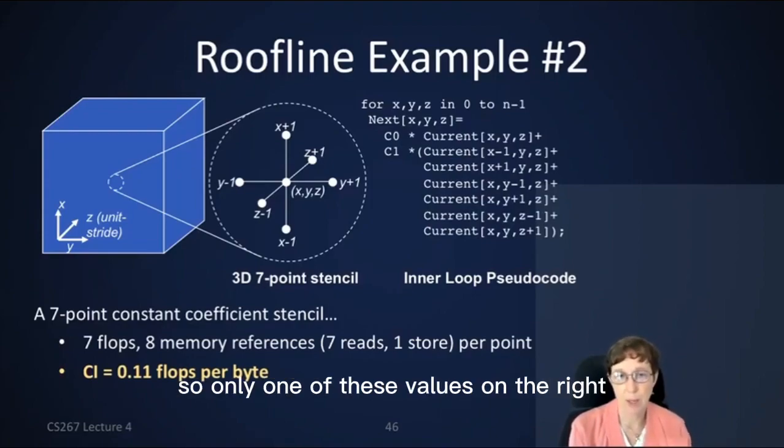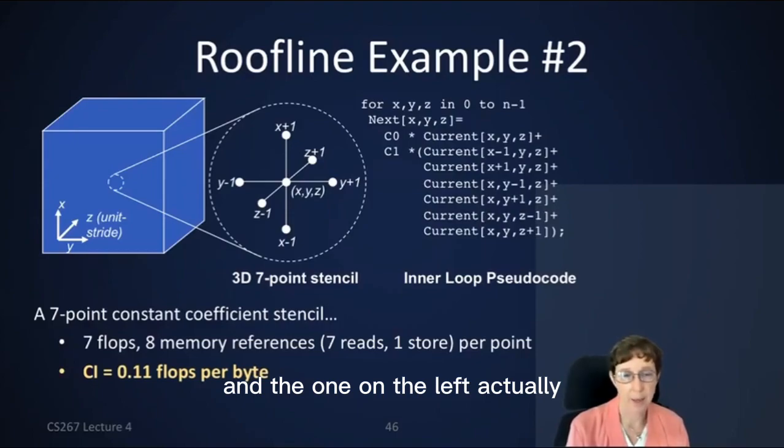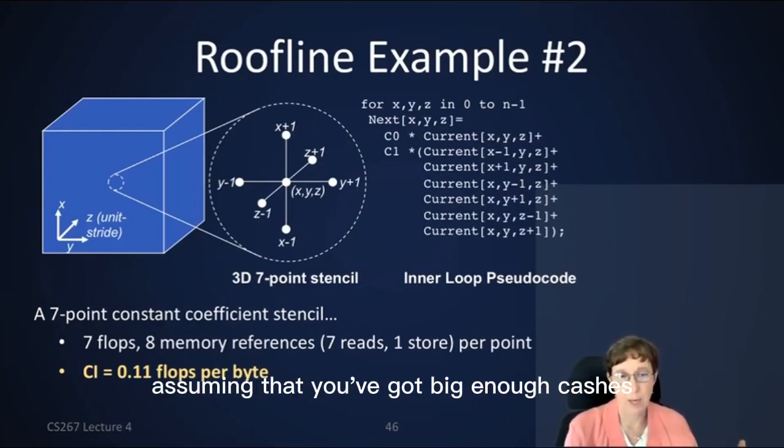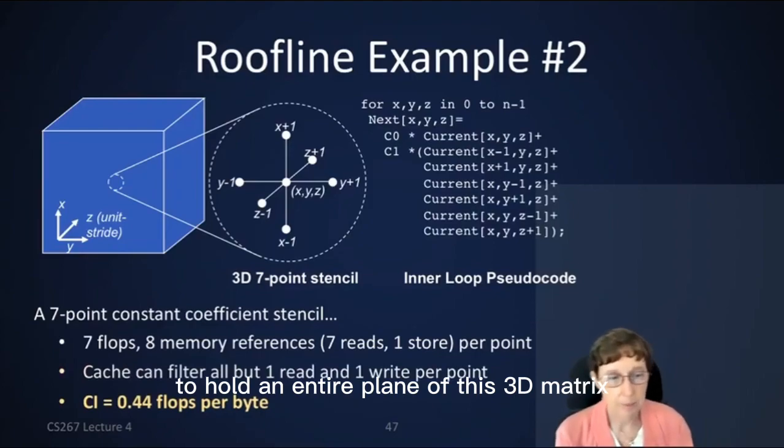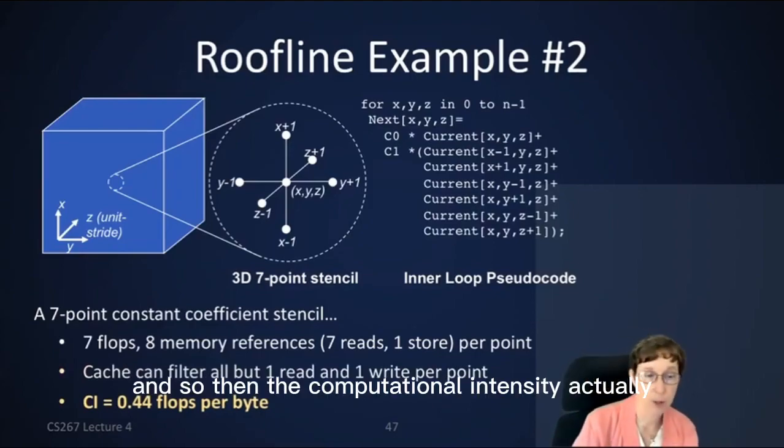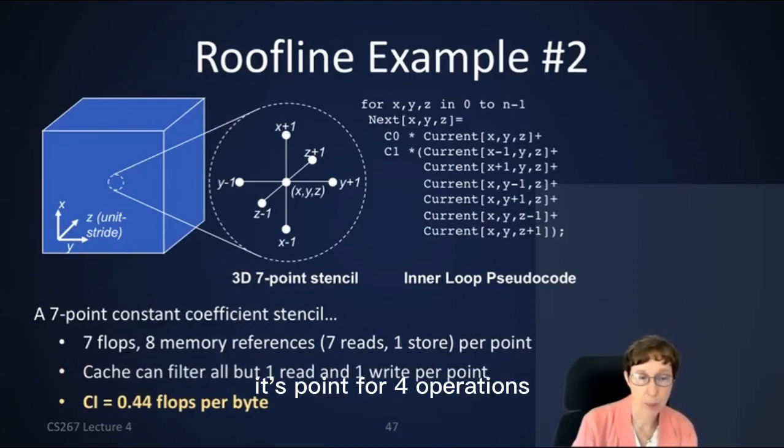So only one of these values on the right, and the one on the left as a write, actually have to be written, assuming that you've got big enough caches to hold an entire plane of this 3D matrix. And so then the computational intensity actually is a little bit better. It's 0.44 floating point operations per byte.